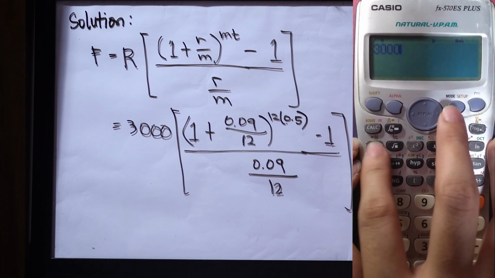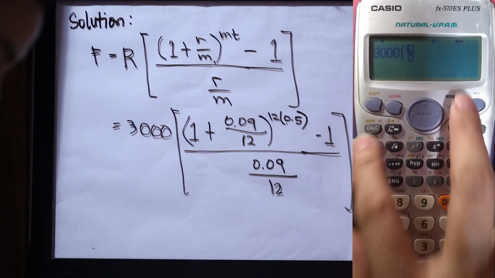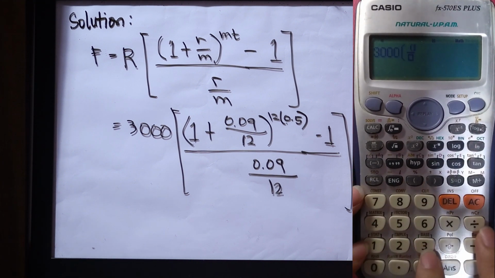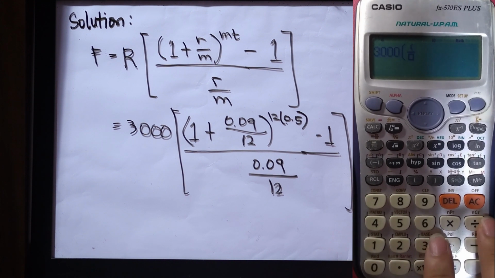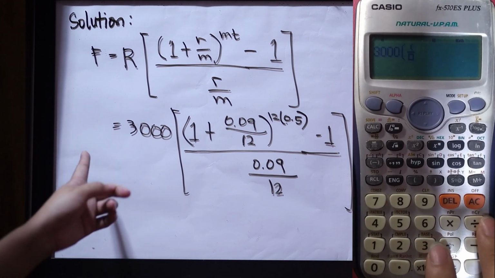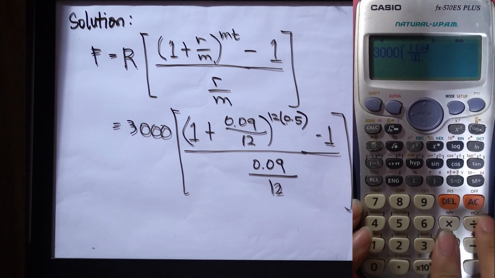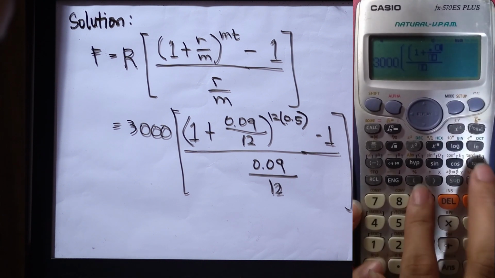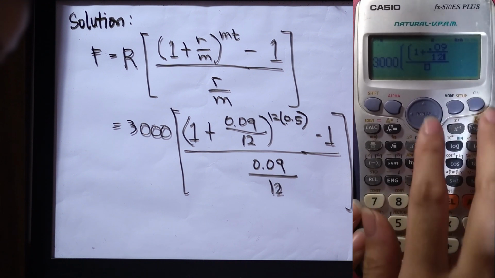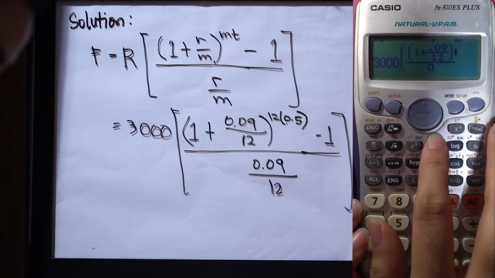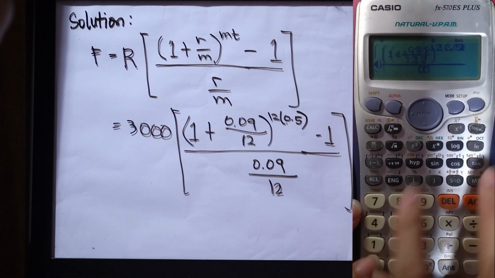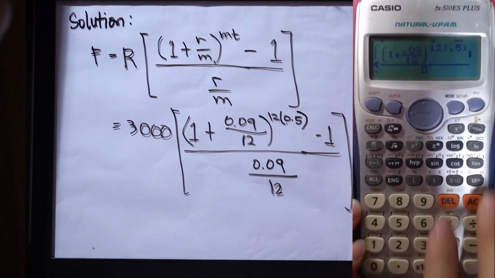So, we press 3,000 and then open parenthesis. Tapos, fraction, tapos open parenthesis ulit. You just write it in your calculator the way we write it on the board. So, we have 1 plus, fraction ulit, 0.09 over 12. Tapos, close, tas raise to, and then we have 12 times 0.5, close.